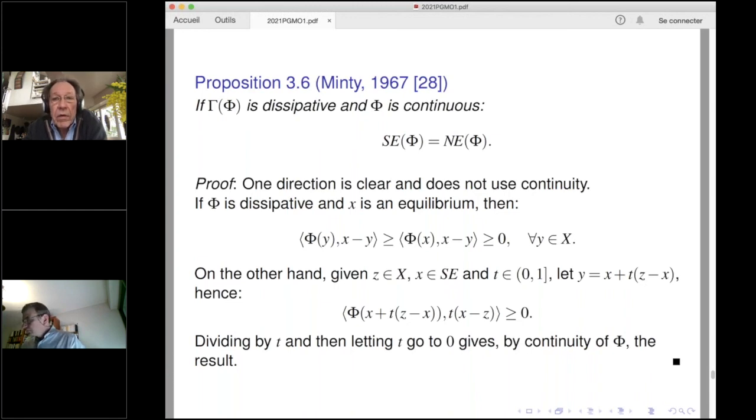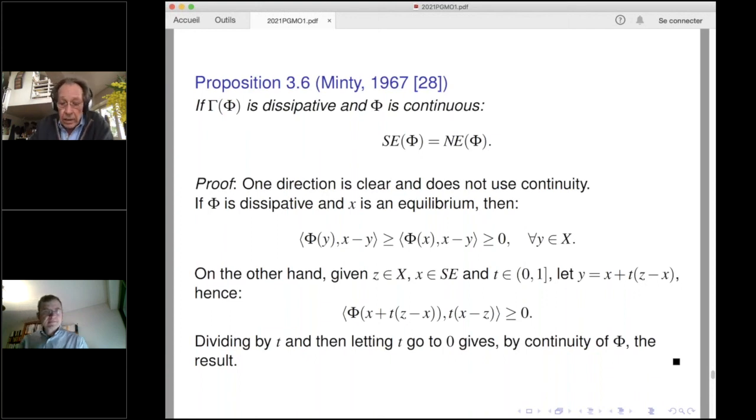For this class of games, you can express Nash equilibria as variational inequalities, and there are subclasses of this evaluation function that are very important in terms of application. Two classes are potential games and dissipative games. These classes will play a crucial role next week when we speak about no regret procedures in learning and convex optimization.